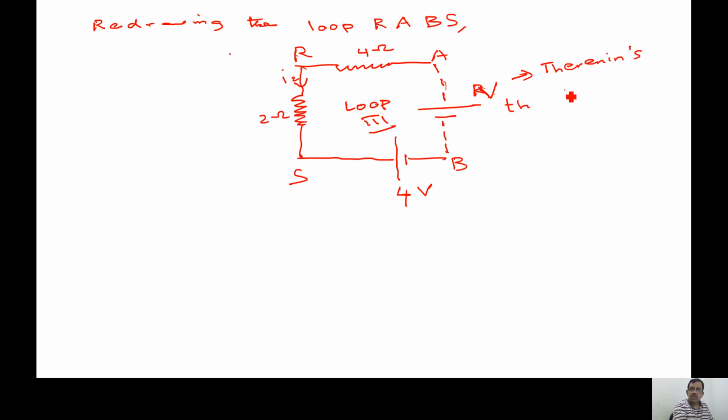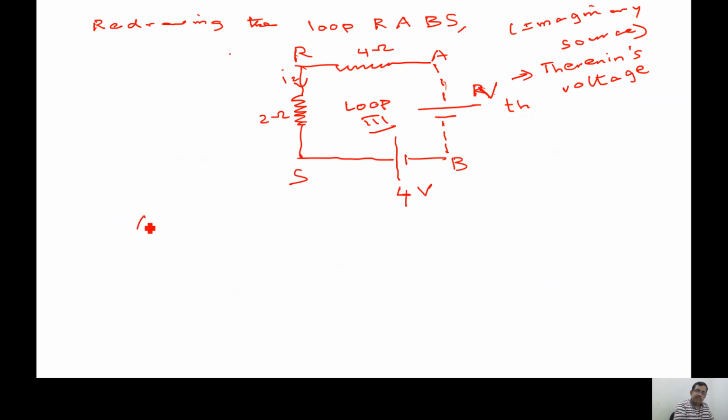This is an imaginary source, so that the circuit looks completed. When I do that analysis, I know that this arm is actually open, so there won't be any current flowing through the 4 ohm.